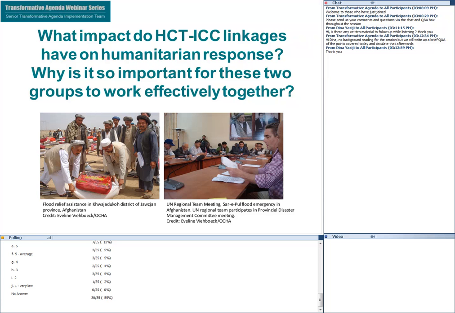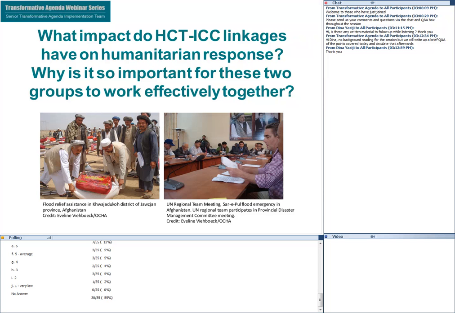This is not very often the reality. The reality check when you start looking at what happens, you will certainly realize that we have different possible scenarios, and very often it just takes 10 minutes to read through the HCT meeting minutes and the ICCG or ICG meeting minutes to realize that the two are not really working together.